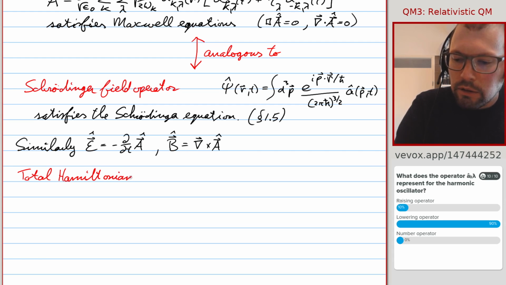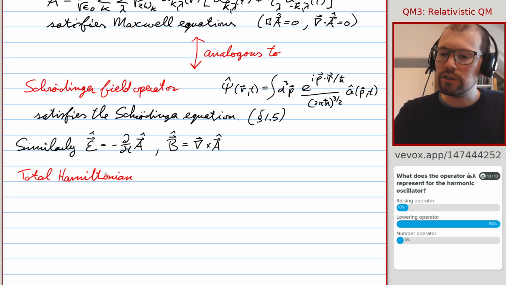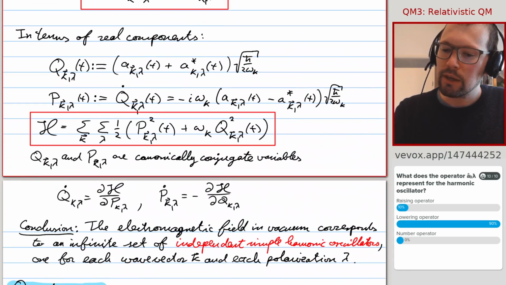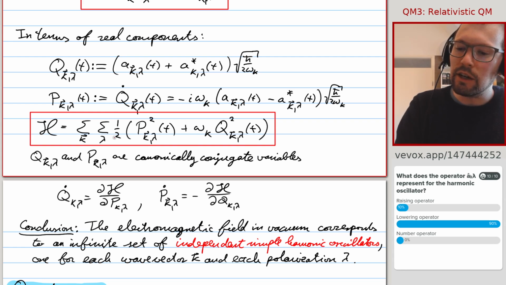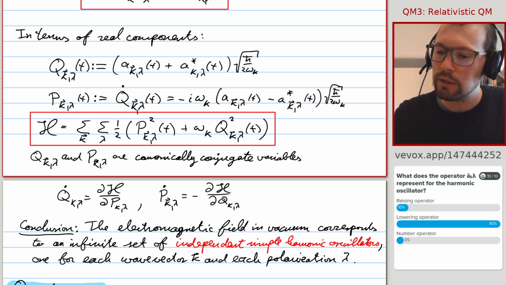Now, we already know what the answer will be because we already saw that the Hamiltonian was just a sum of independent harmonic oscillators with a specified frequency. And we know what the corresponding quantum Hamiltonian for such a harmonic oscillator looks like.